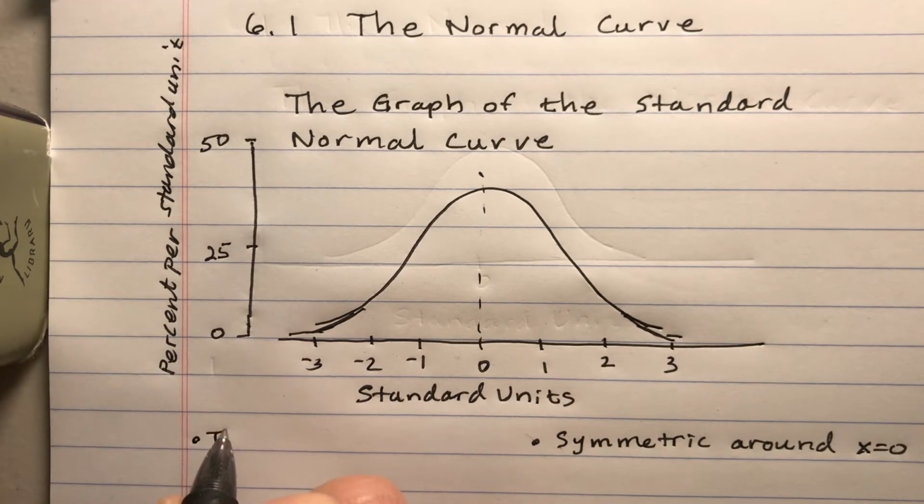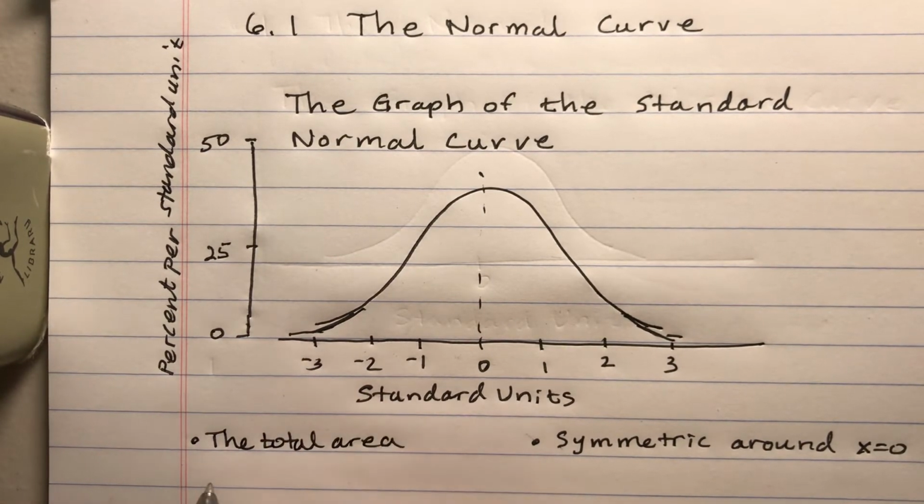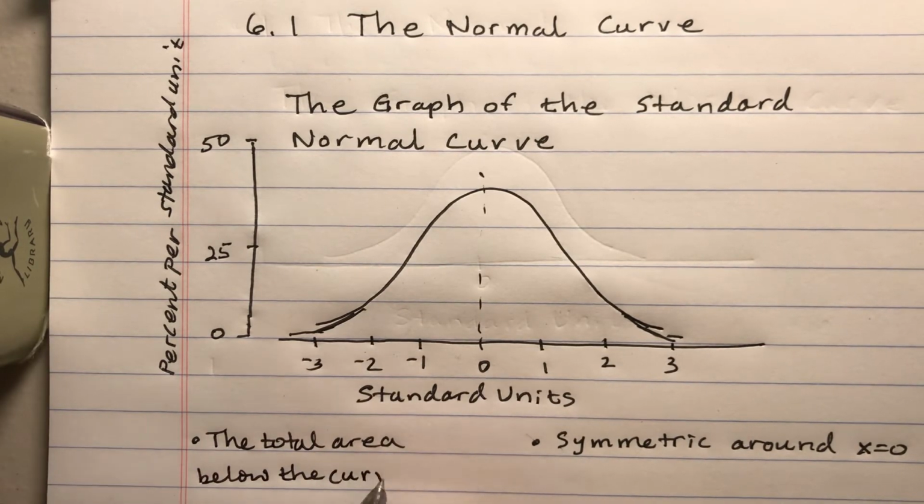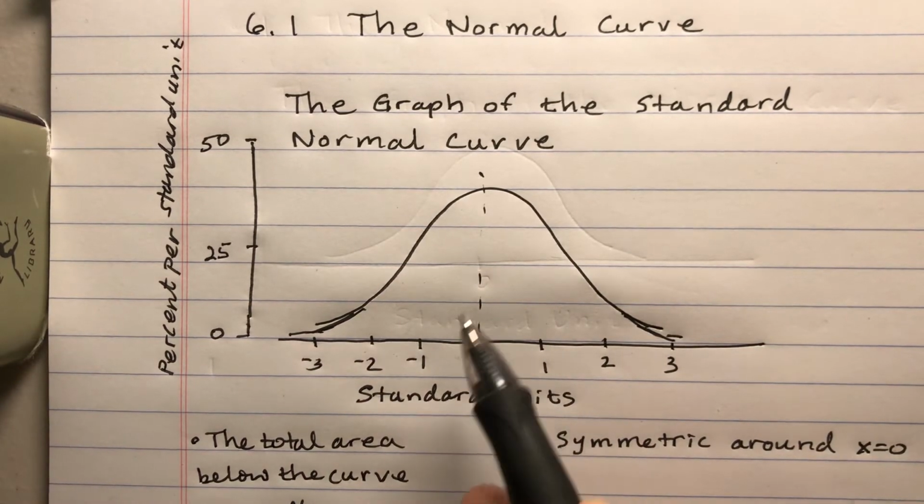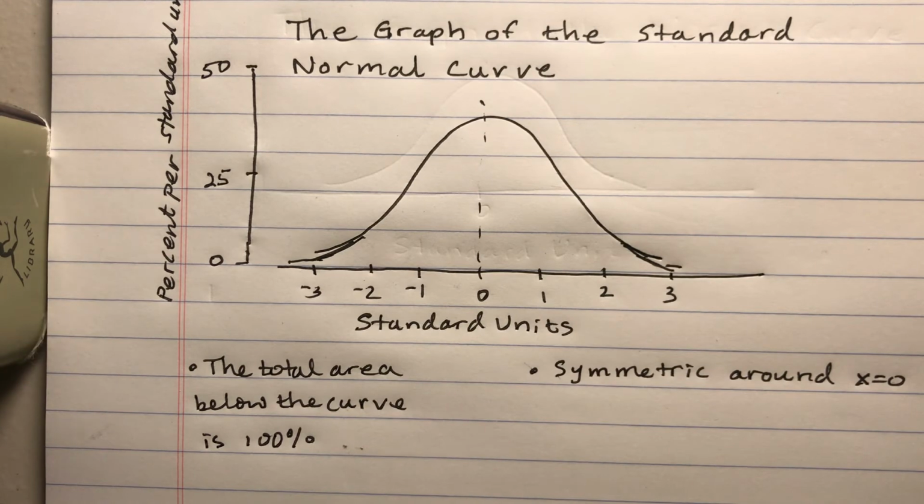The total area below the curve is 100%. So if we take the area below it, it's 100%.